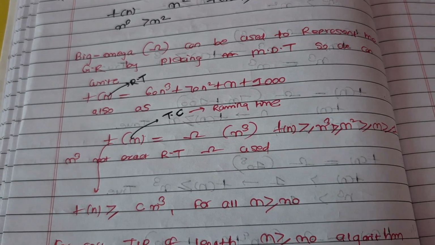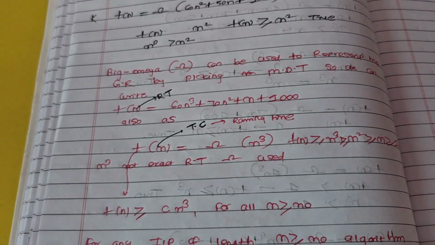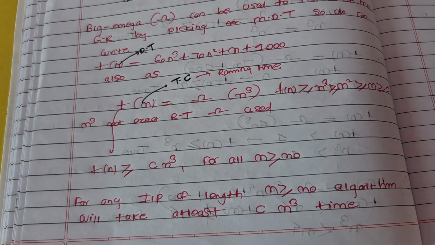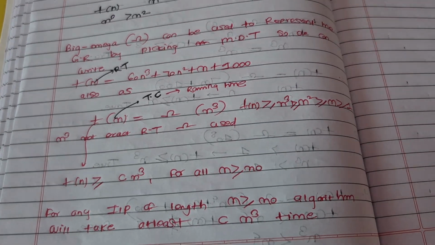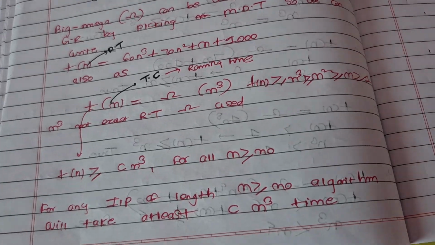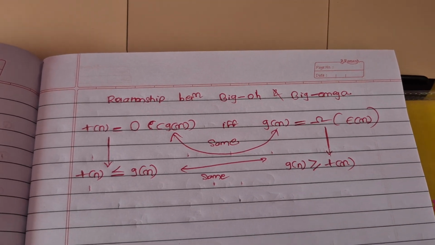So n cube is not the exact running time, so that's why we are using big omega notation here. For any input of length n greater than or equal to n naught, the algorithm will take at least c dot n cube time.